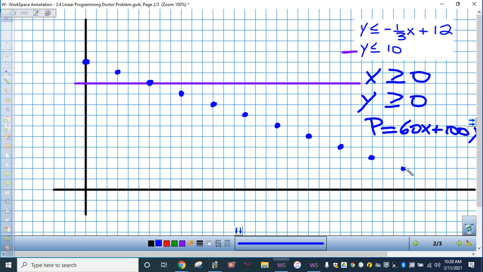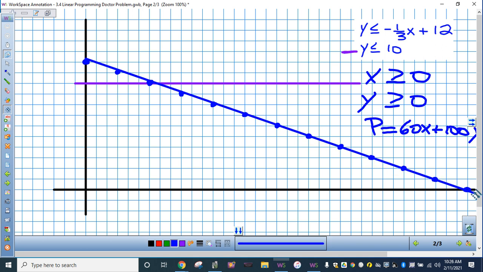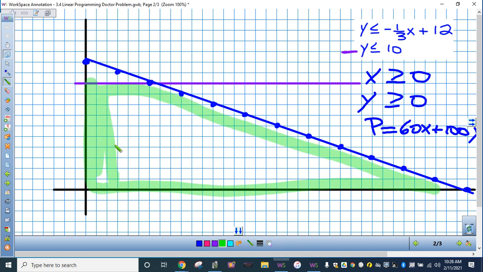Let's see if I can. Oh, so close. Got it. So that point way over there on the x-axis is 36, 0. We are shading less than both. So we're shading this whole part in here.